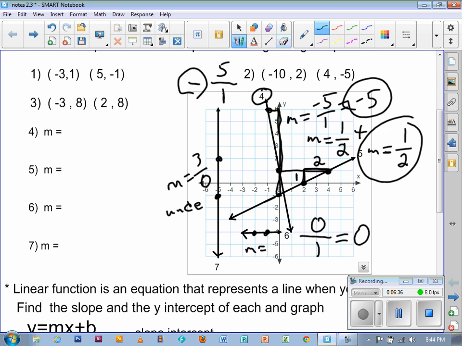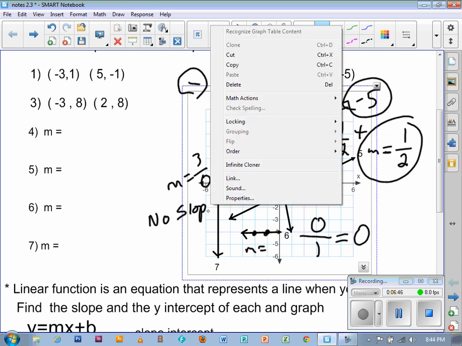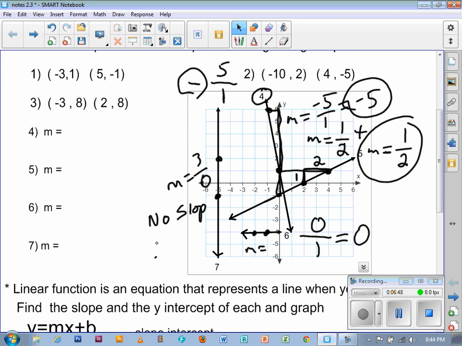Yep, undefined slope, or you can just say no slope, whatever is easier for you. It doesn't have a slope. So no slope, or you can just say undefined. It's undefined because the run is 0, and we can't have a 0 on the bottom.